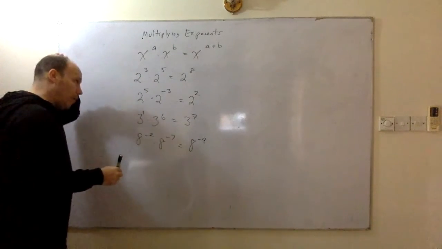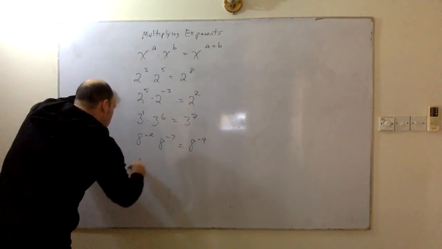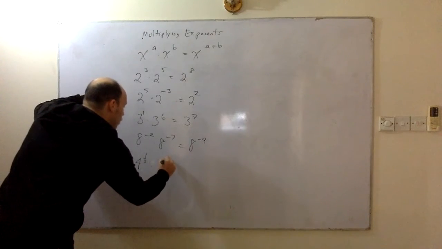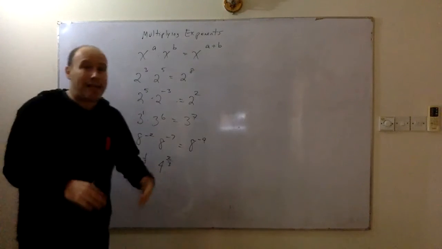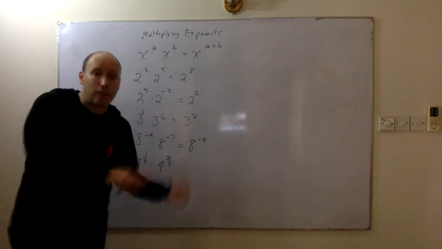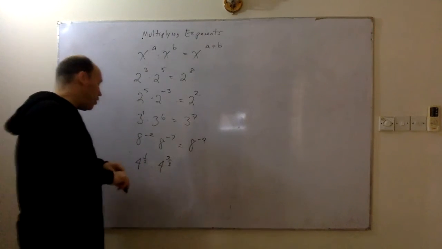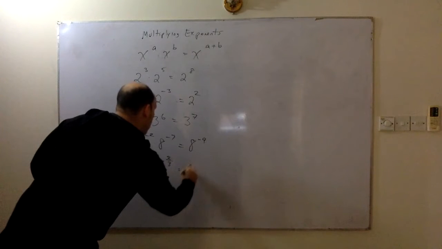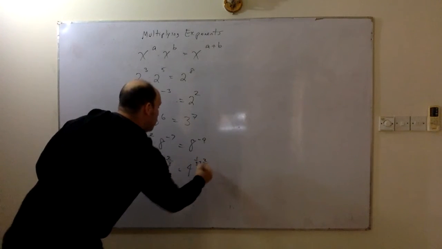Right, and then we could also use fractions, right? How about 4 to the 1/5 times 4 to the 2/3? Well, for those of you who are using calculators, you can put this in the calculator. For those of you who think you might know how to do fractions, the answer is 4 to the 1/5 plus 2/3.